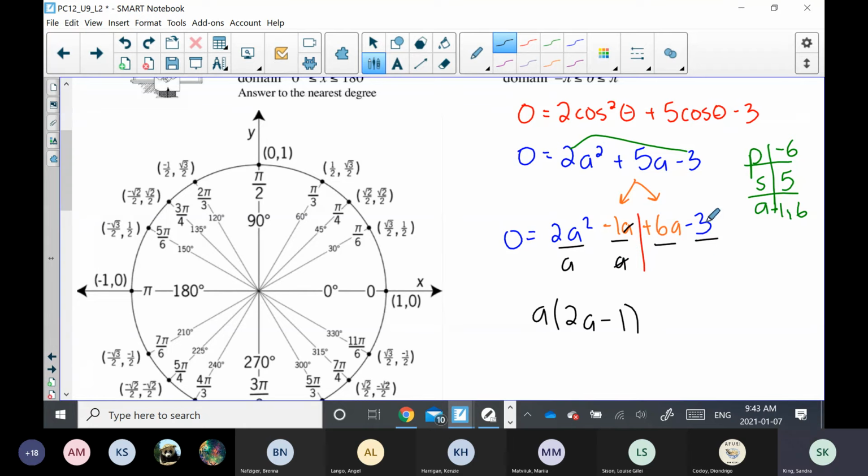Over here, between a 6 and a 3, you could take out a 3. And you have to take out a sign on the right-hand side. It would be a positive. Once you do your division, 6a divided by 3 is 2a. Negative divided by a positive is a negative. 3 divided by 3 is 1.